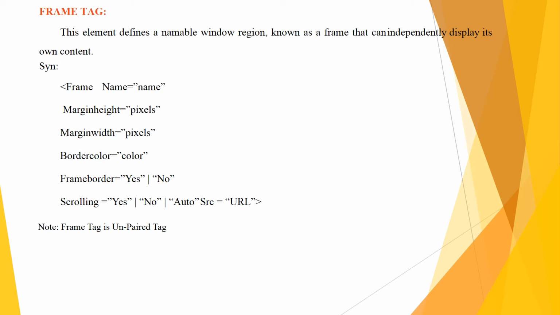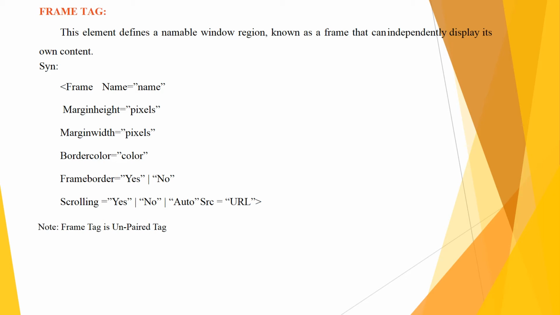If we want to divide our browser into sections, whether horizontally or vertically, then we will use the frame set tag and frame tag, and each section will load another HTML document or another website also.